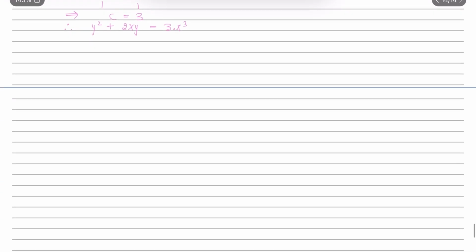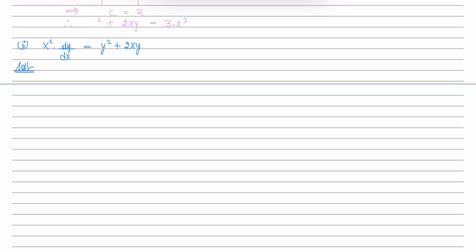The second part be, noticing this question, we can clearly see that we cannot solve this problem with the help of reducible to variable separable method. Also, when we convert this problem in the form of dy by dx is equal to y square plus 2 times xy divided by x square, let this be a function f of x comma y.